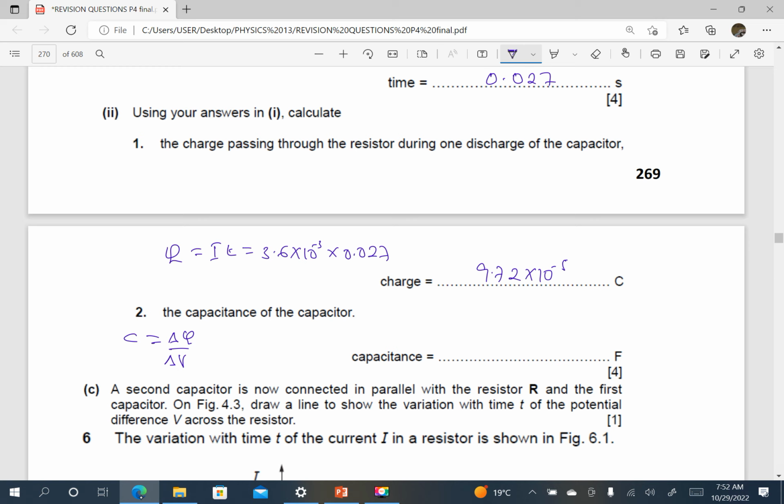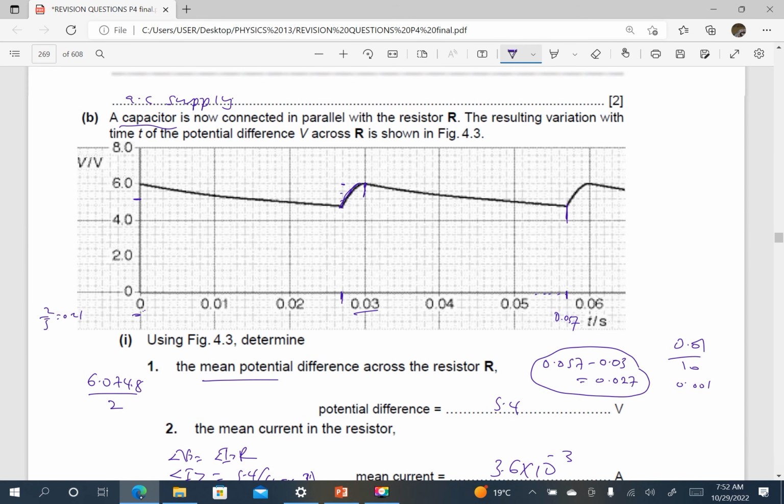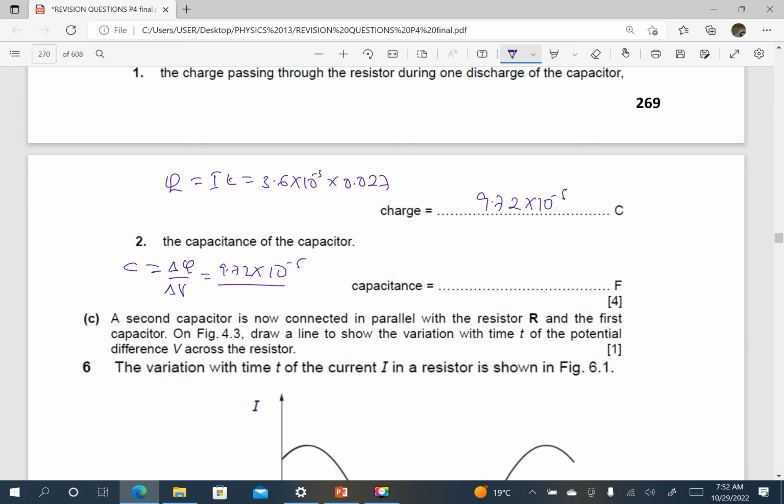So the charge passing through the resistor during discharge is 9.72 times 10 power negative 5. And the change in V corresponding to that discharge is between this peak and this one, I think this is 1.2. That is 6.0 minus 4.8, which is 1.2.